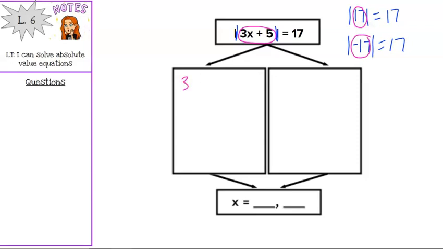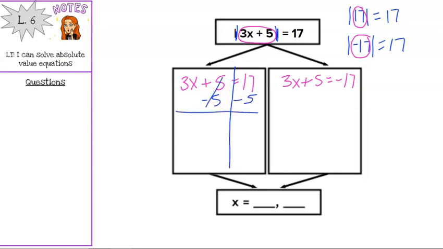Which means 3x plus 5 could equal 17, or 3x plus 5 could equal -17. So now we need to solve these equations. I'm going to undo +5 with -5 on both sides. 5 take away 5 is 0.